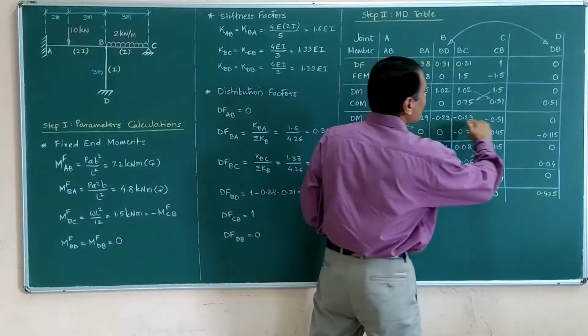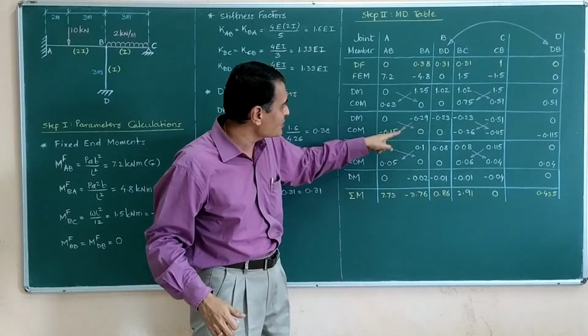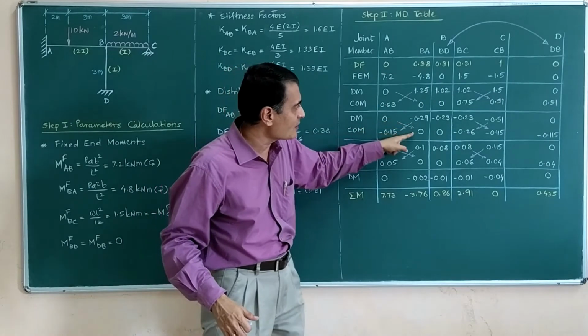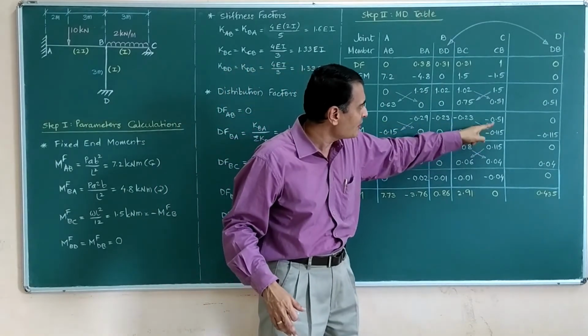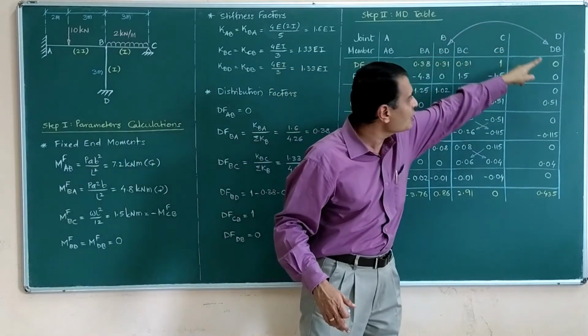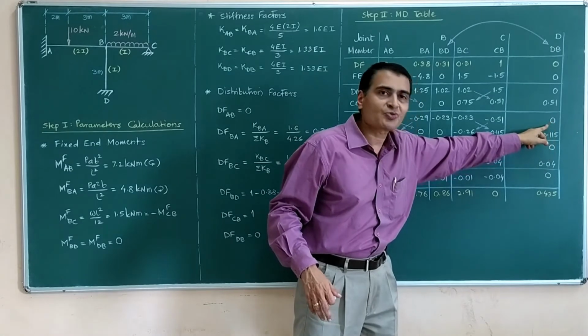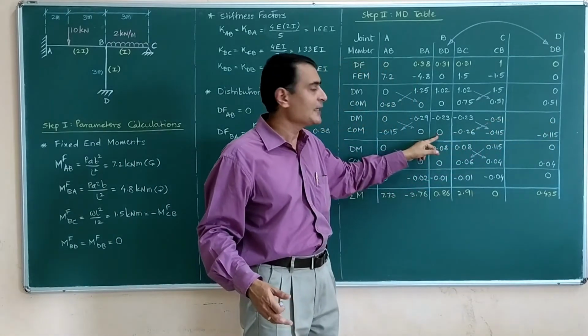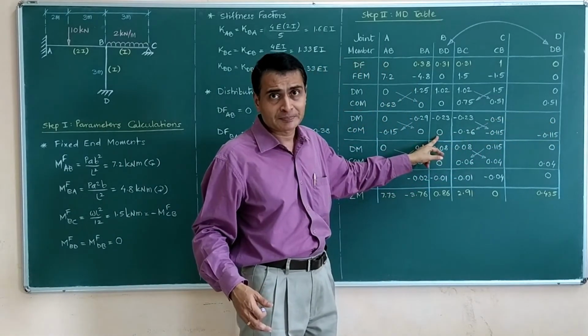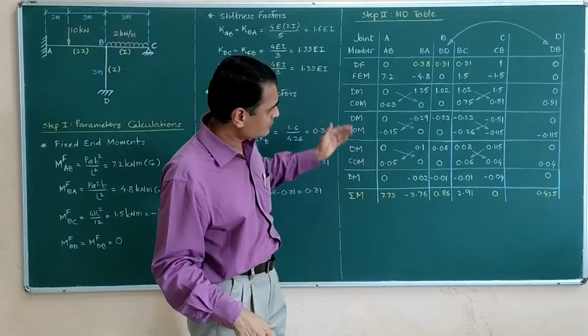So the moments have got distributed and now they will get carried over. Half of this here, half of this here, half of this there, half of that here, half of this all the way to D, that is here, and half of this means 0 will be coming here. So just take care of B and D, the rest is simple.